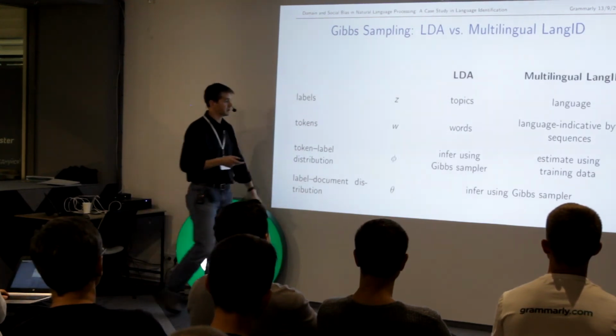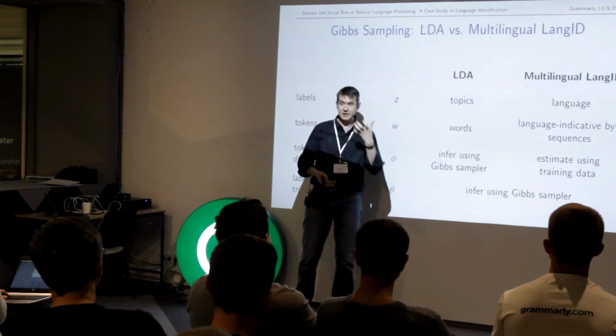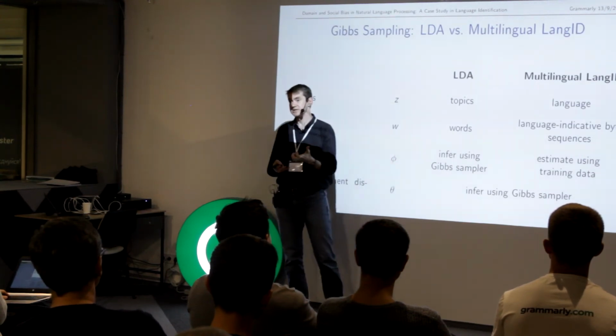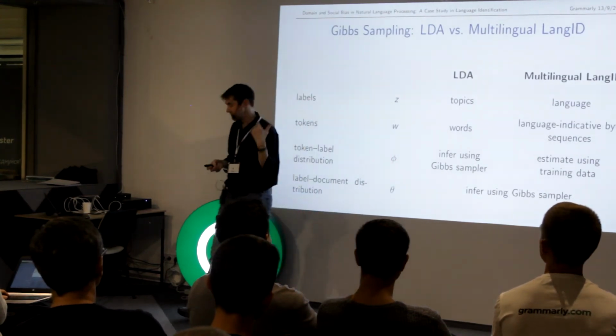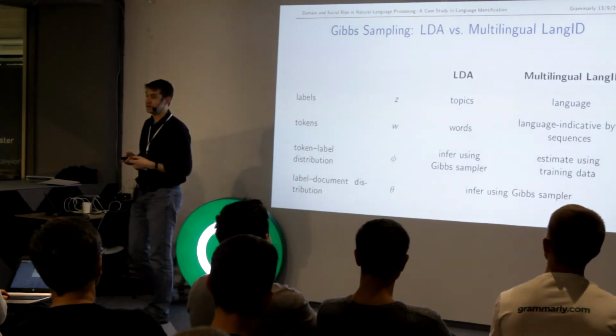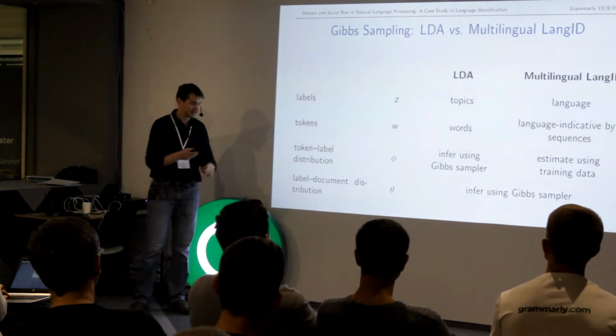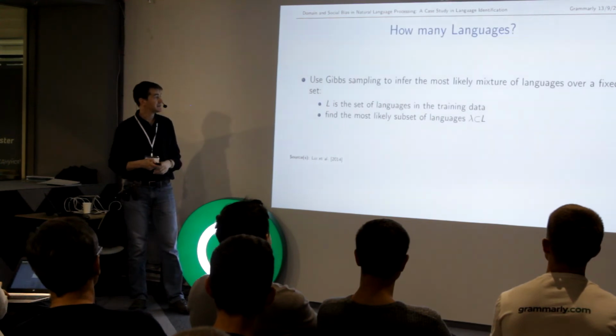The thing that we don't know is for a given document, what tokens are taken from what language. So we want the model to learn that directly, so we use a Gibbs sampler to do that. And I'm not going to go into the details of how that works here.